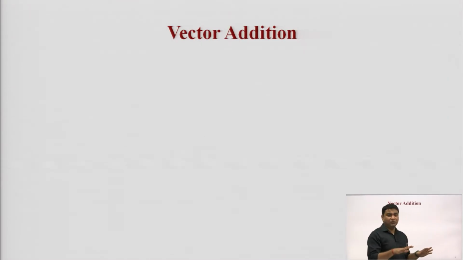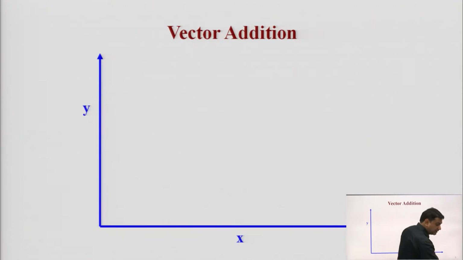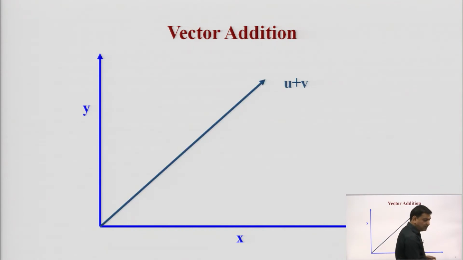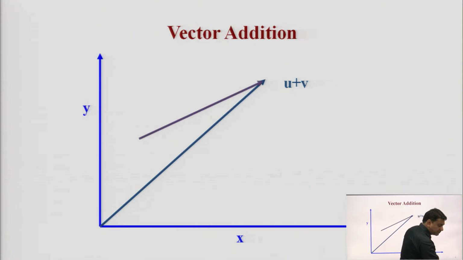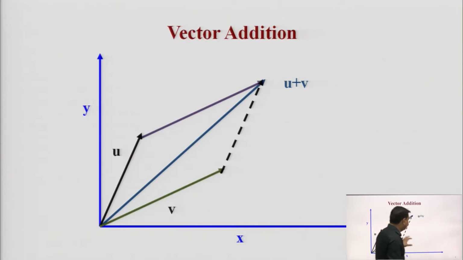Next, here I am going to describe this phenomenon of vector addition in a better understanding way. Like this, these are the two axes, x and y axis, and when we take vectors u and v, then this particular phenomenon is given in the form of the parallelogram rule.